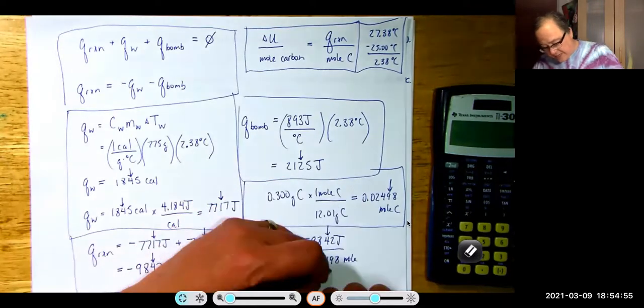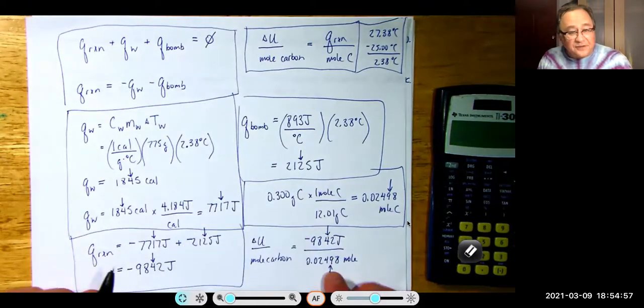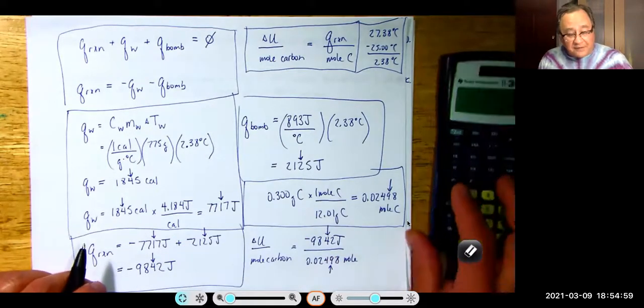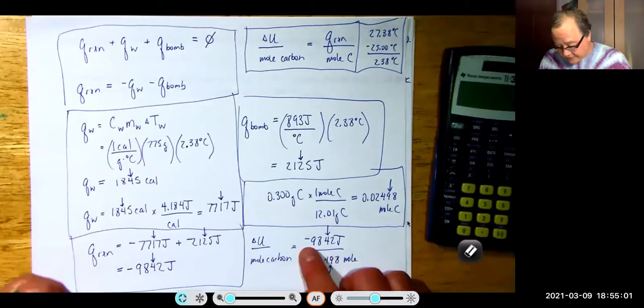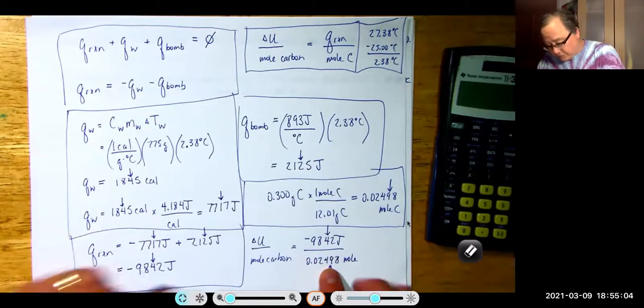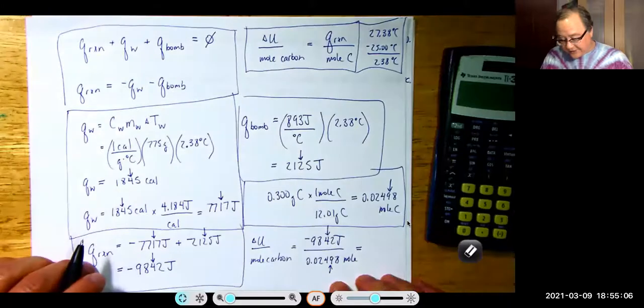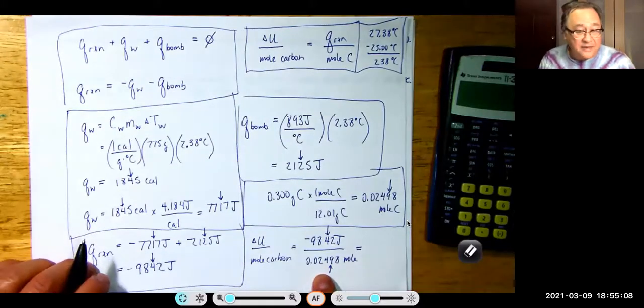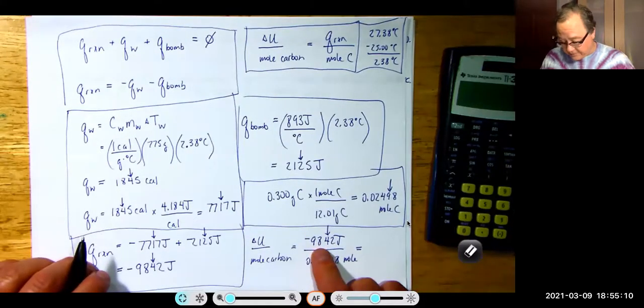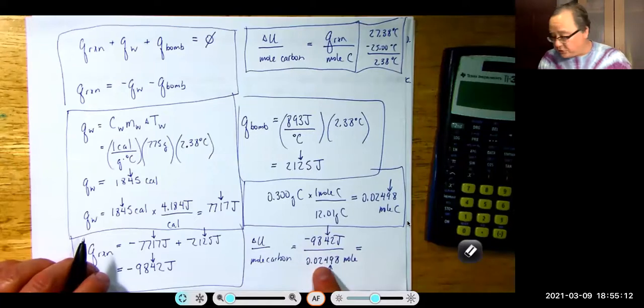Since this is division, we look at the number of sig figs in each. This should have 3, this should have 3, so we're left with 3 significant figures. And you can see that this number is going to be quite a bit bigger than 9,842 because this number is so small.